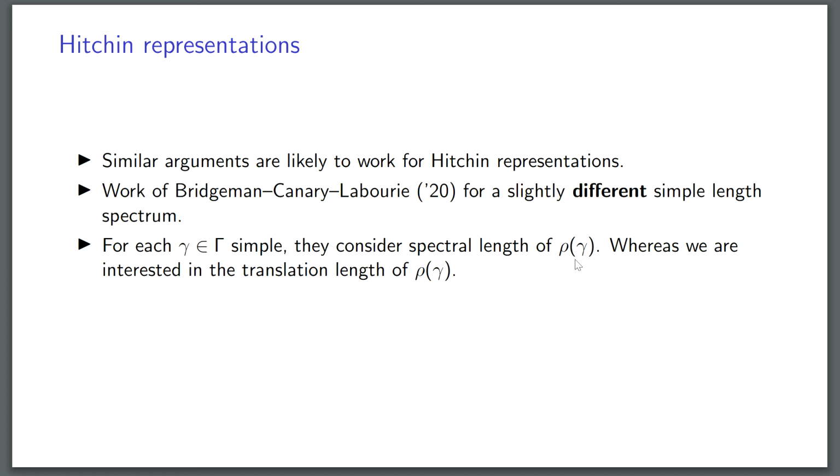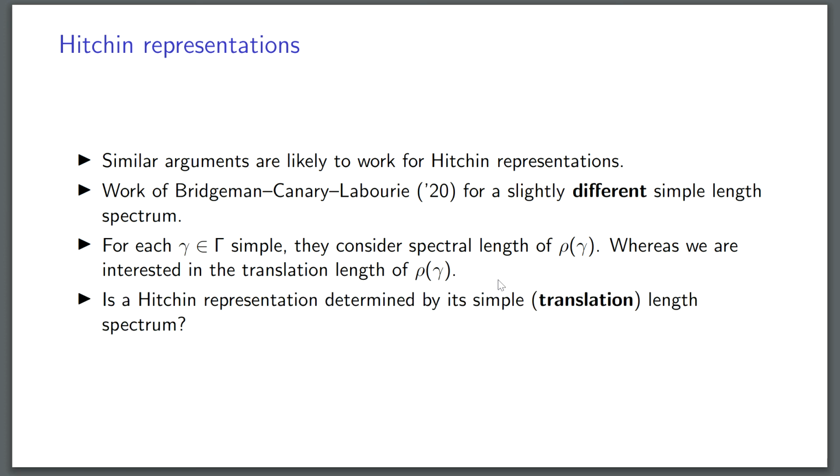It has a number of eigenvalues, and then the spectral length is the largest eigenvalue of this element. However, using our method, we do not obtain the spectral length of an element here. What we obtain is the translation length of the element, which is the shortest distance that this element translates when it acts on a symmetric space.